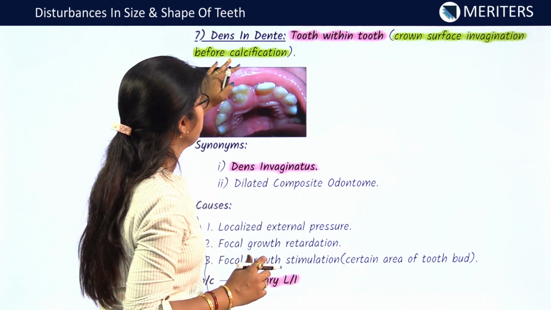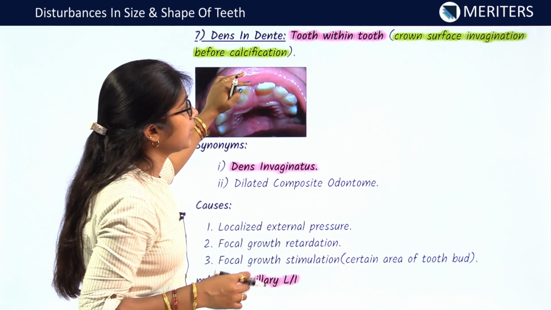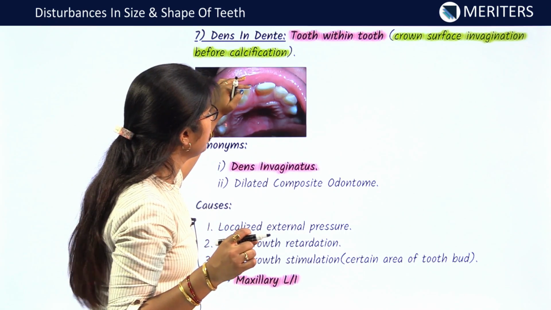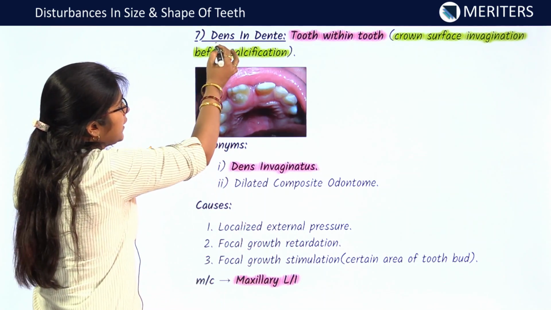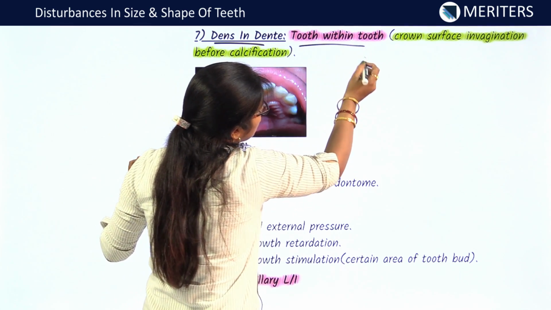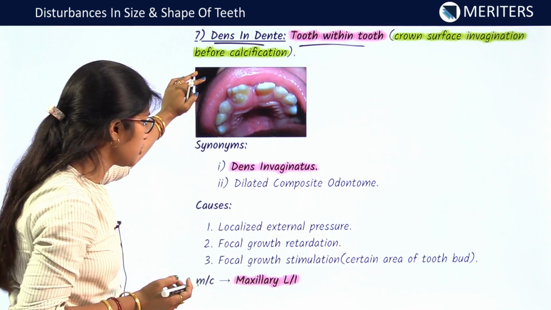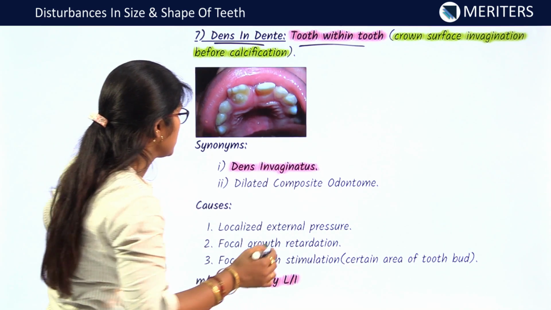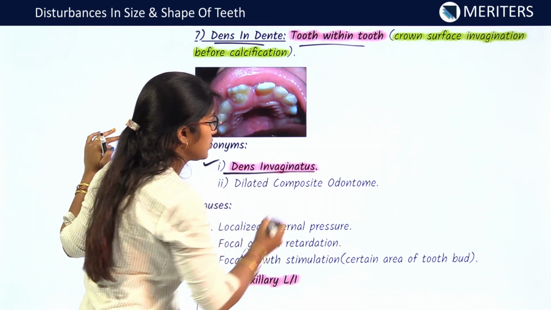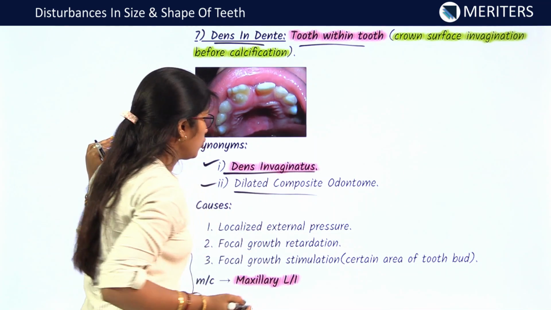Now dens in dente. See, dens in dente is very important, and you should know the tooth which is most commonly affected. Dens in dente means tooth within tooth, meaning crown surface invagination is there before calcification. Now see the synonyms. It is also called dens invaginatus, or dilated composite odontome.